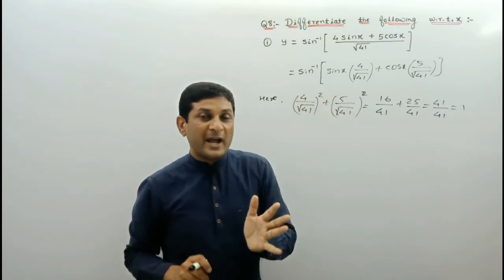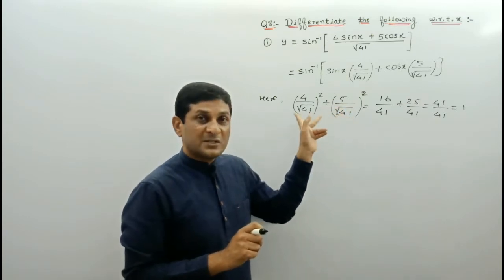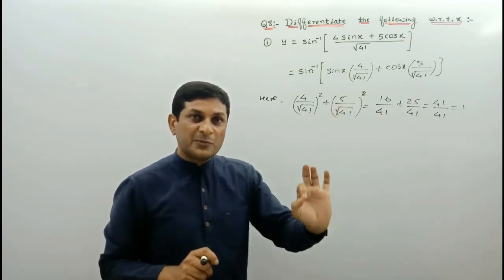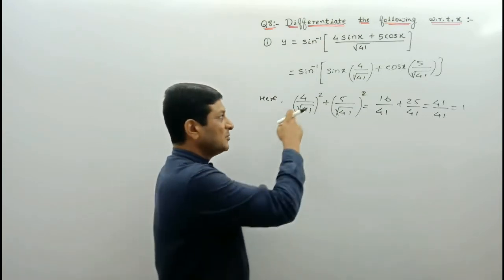Hope you have got it. Why are we able to consider this as sine and this as cos? Because the sum of squares of these two numbers is 1, and even the sum of squares of sine and cos is also equal to what? 1.